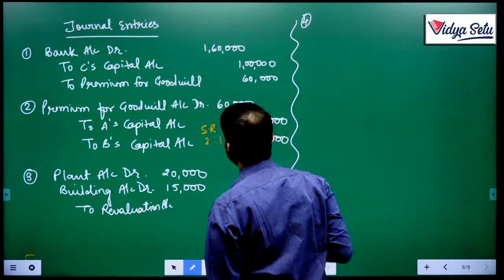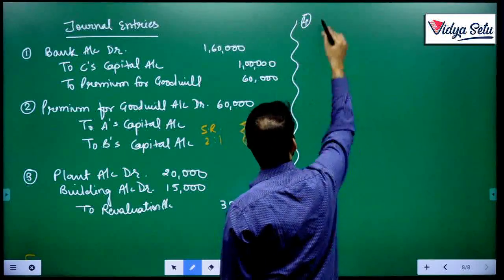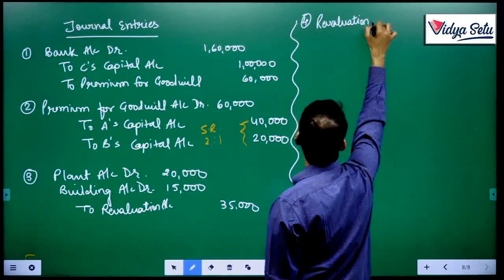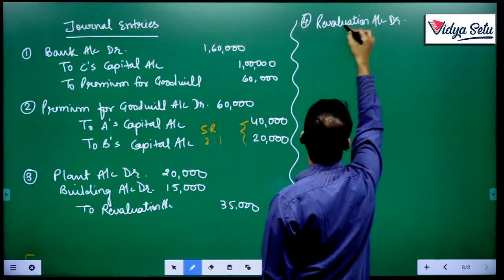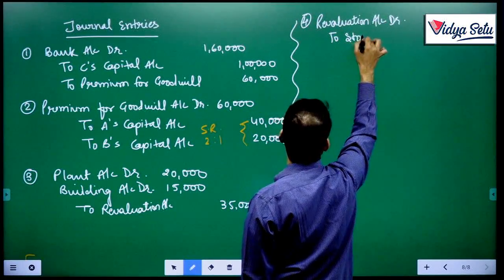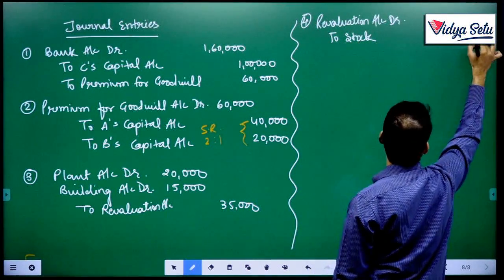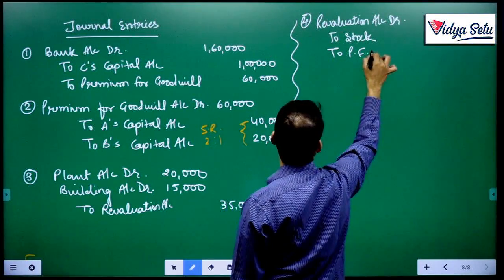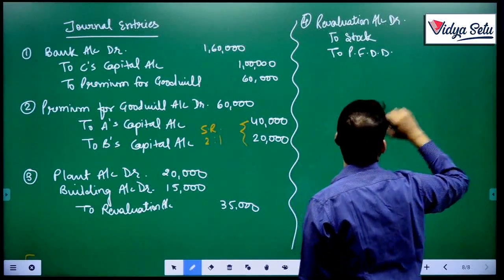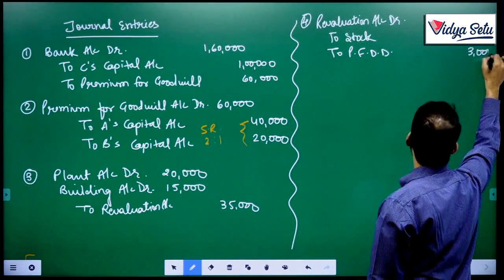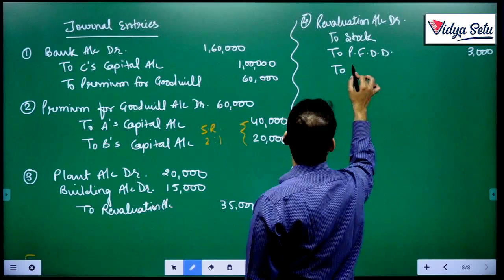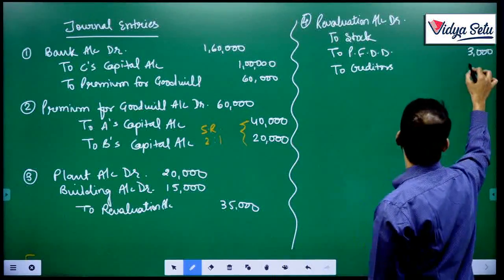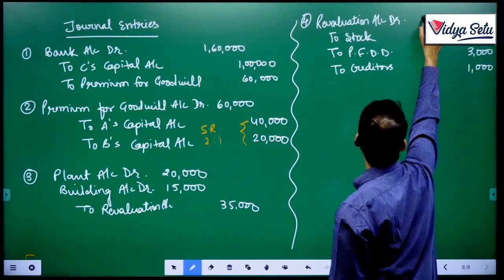Fourth entry, the revaluation account will be debited with the losses. Losses happened in stock to the extent of 4,000, to new provision for doubtful debt coming in to the extent of 3,000, to creditors to the extent of 1,000, so 8,000.